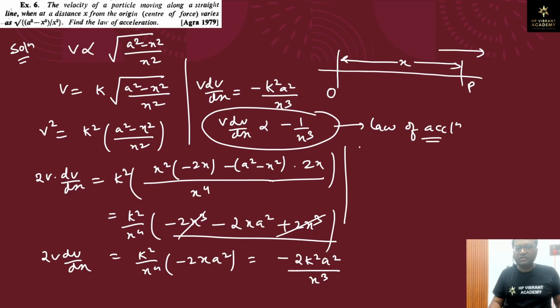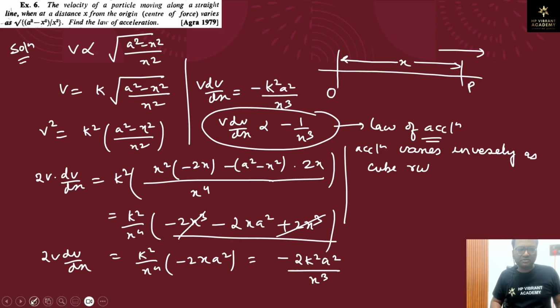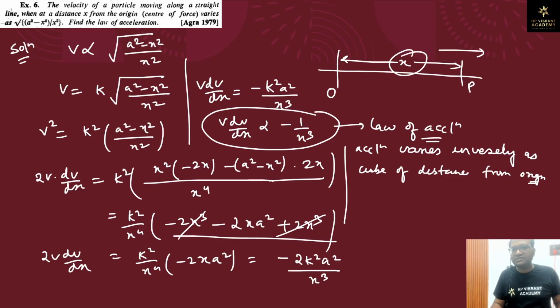So the acceleration varies inversely as the cube of distance from origin. Okay, so distance from the origin is x. So acceleration varies inversely as cube of distance from the origin.